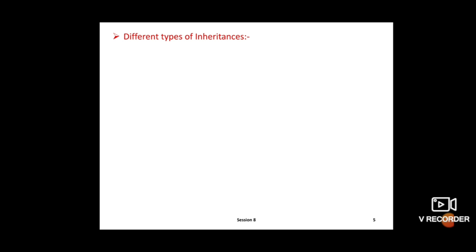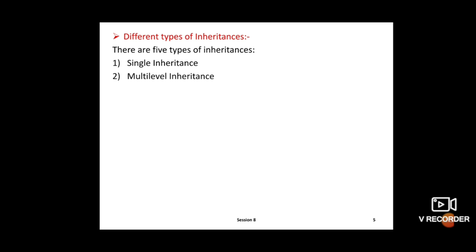Now see the different types of inheritance. Many times in the board paper this question is asked: explain different types of inheritance with one example. So just write a simple example of any one of them. Don't write examples for all types of inheritance. There are 5 types: single inheritance, multi-level inheritance, multiple inheritance, hierarchical inheritance, and hybrid inheritance.